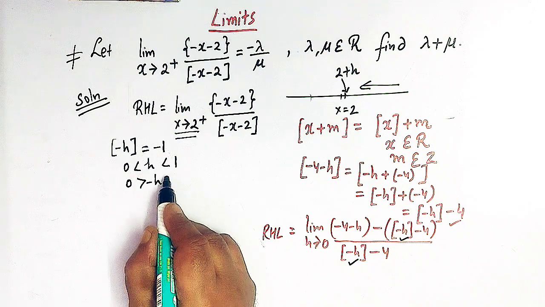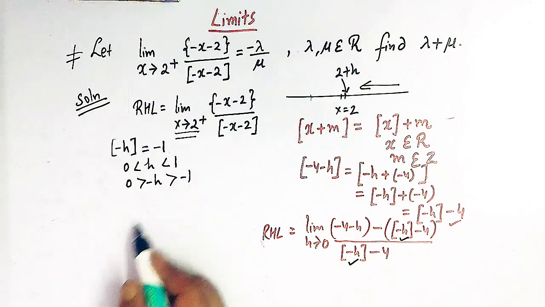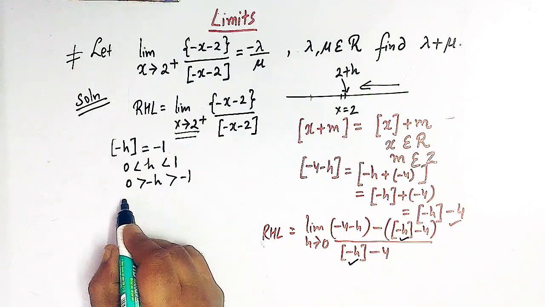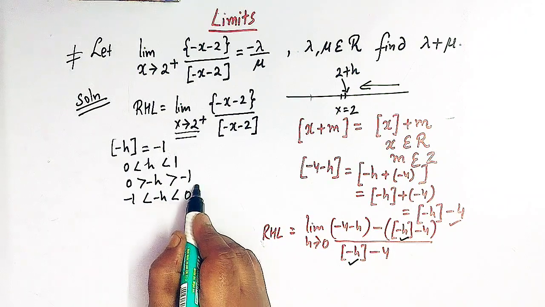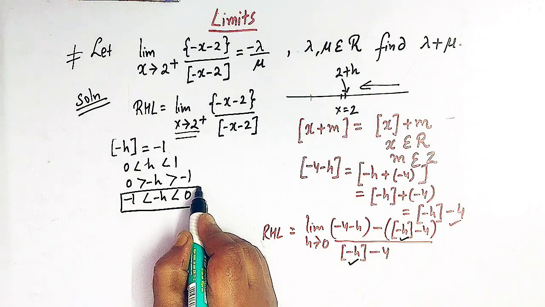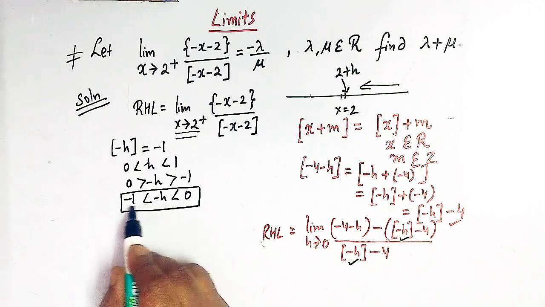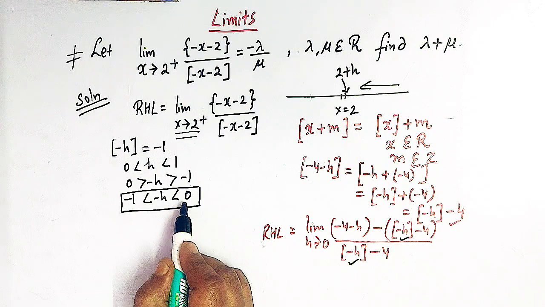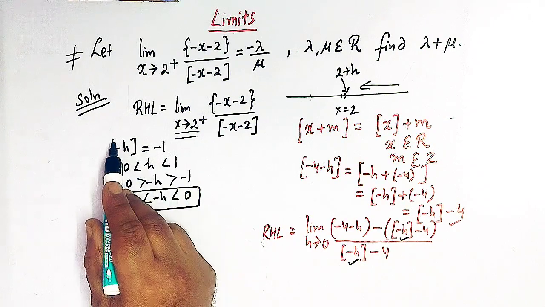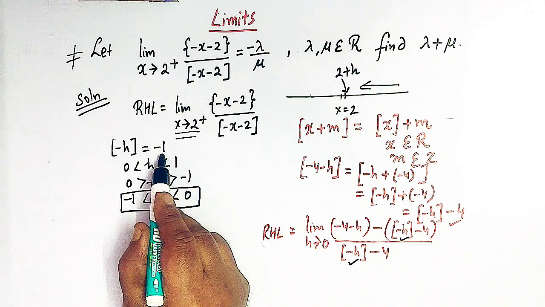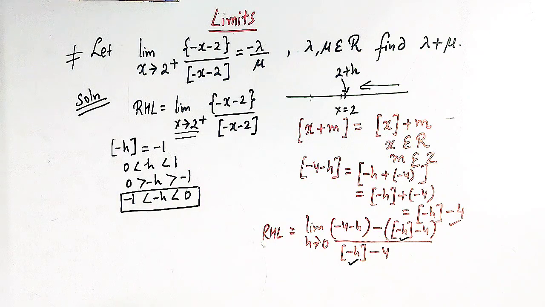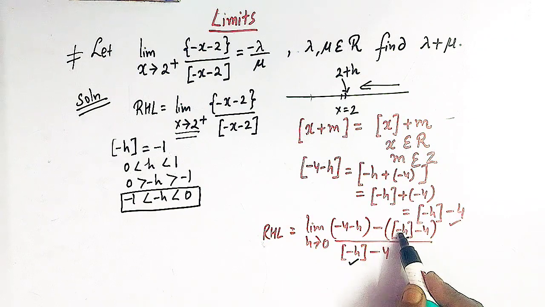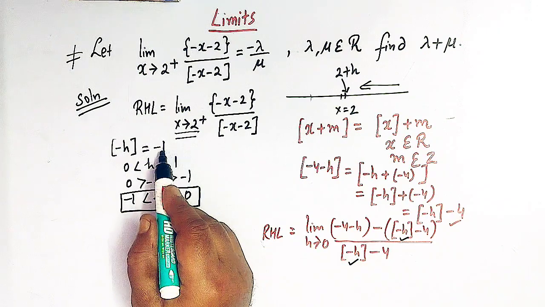So here we have minus h, here we have minus 1, and this inequality can also be written as minus 1 less than minus h less than 0. This indicates that minus h lies between minus 1 and 0. So the greatest integer of minus h should be equal to minus 1 by the definition of the greatest integer function. So we can now replace the greatest integer of minus h by minus 1.